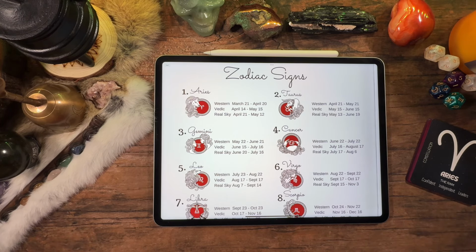It seems the most accurate for astrological readings because that is based on around the ecliptic line, which is what makes the difference between a regular constellation and a zodiac constellation, because there's other constellations out there that we know of, like Orion, like Vega and the Pleiades. I don't even know if those are considered constellations.